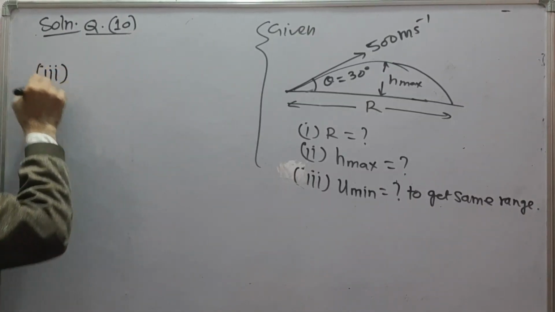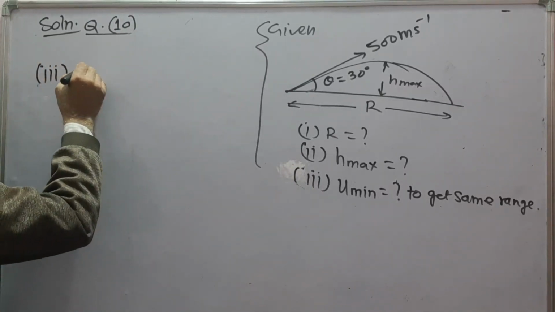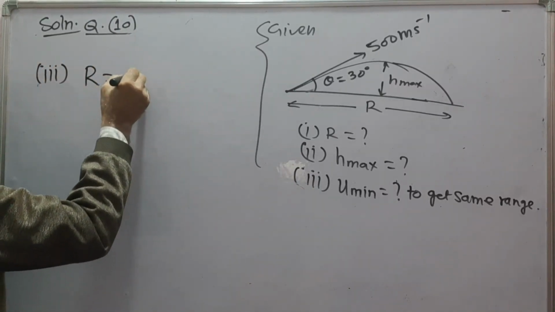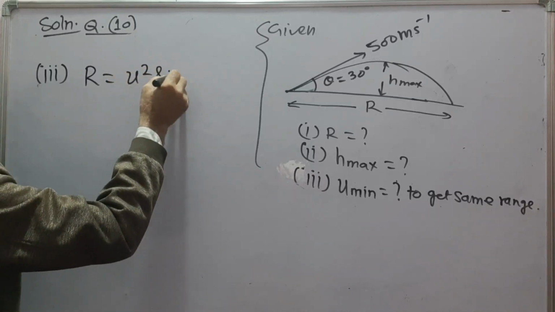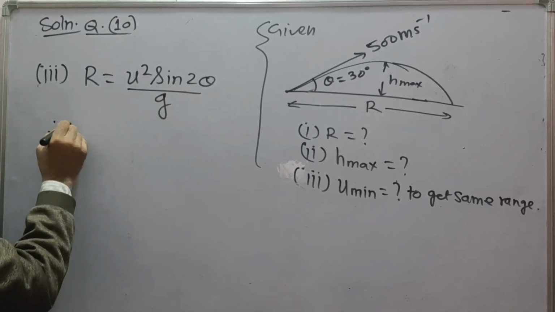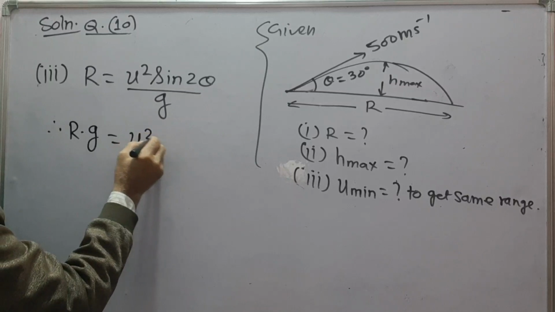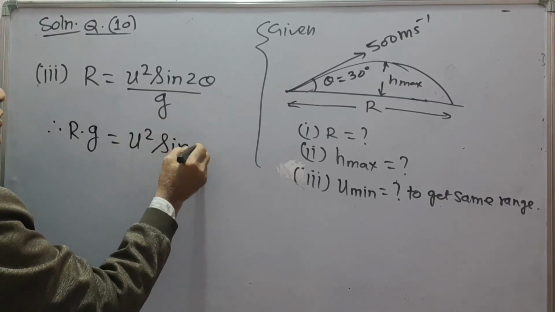Third part, again r is equal to u square sin 2 theta upon g. Therefore, r into g will be equal to u square sin 2 theta.